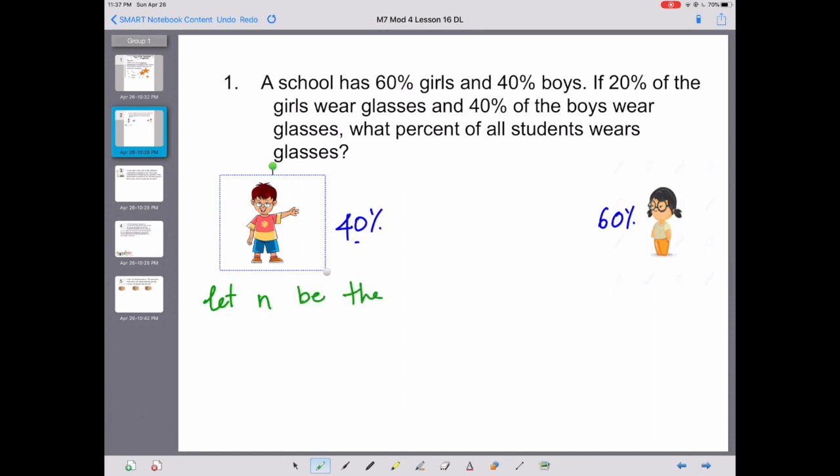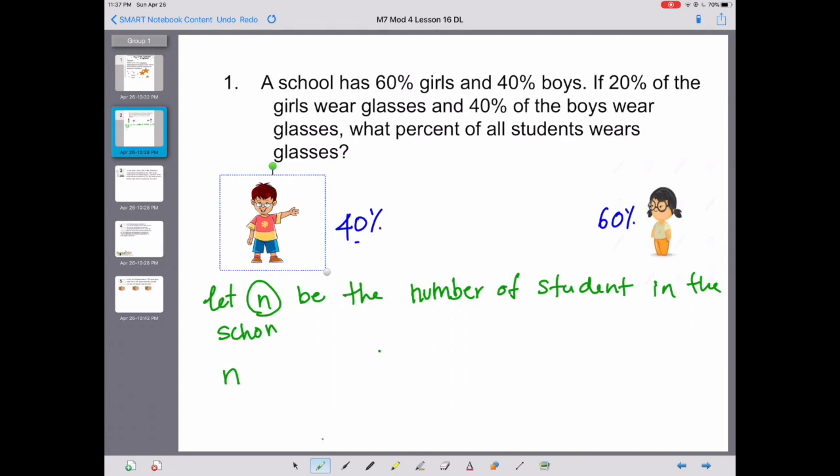the number of students in the school. Okay, so if n is the variable, if I had n amount of students and I have 40% of them boys, how will I find that out?